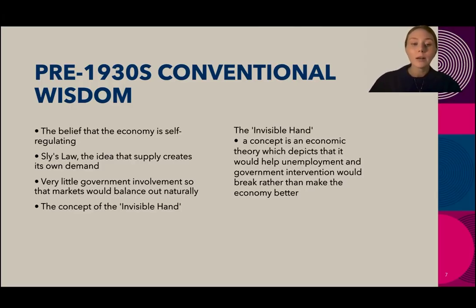Classical economists thought that the government should avoid interference with the economy, so that the market would correct itself through the invisible hand.